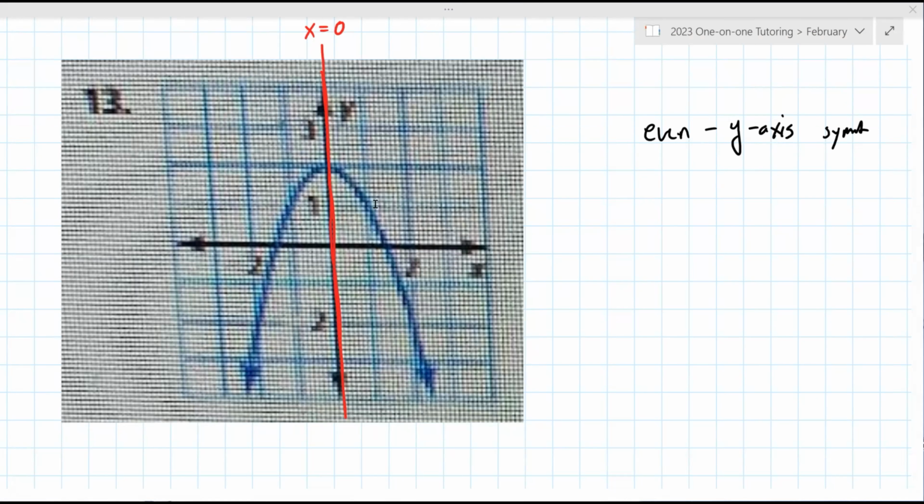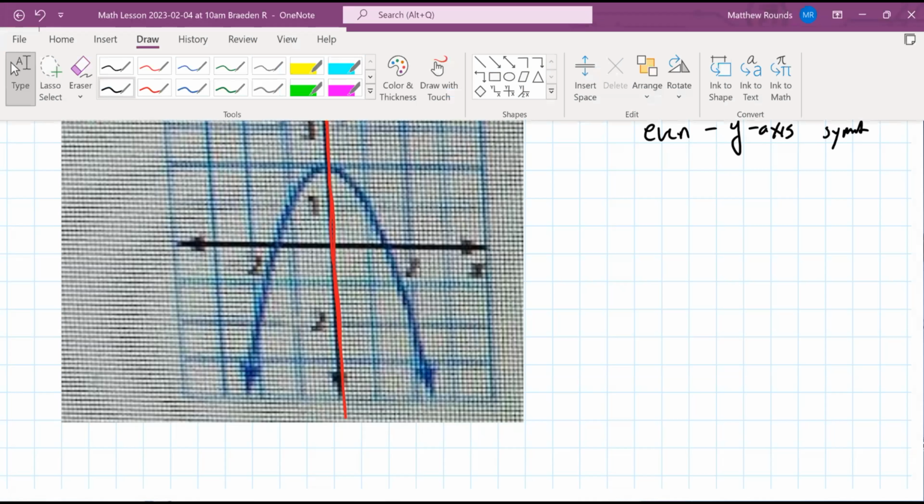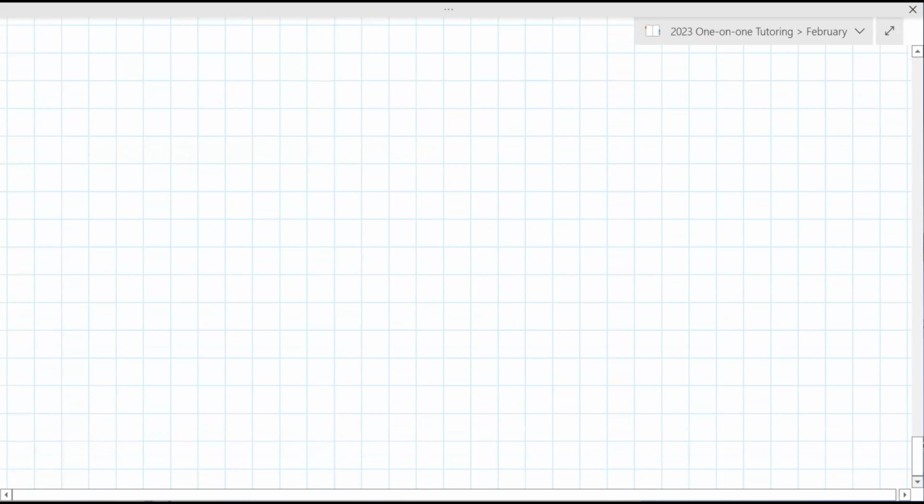Okay, so the odd ones are a little bit harder. You really don't know enough yet to see these, but I'm going to show you one first. Actually, let me graph it in the other window and then I'll snip it in.